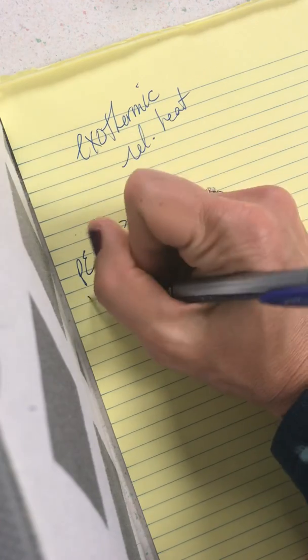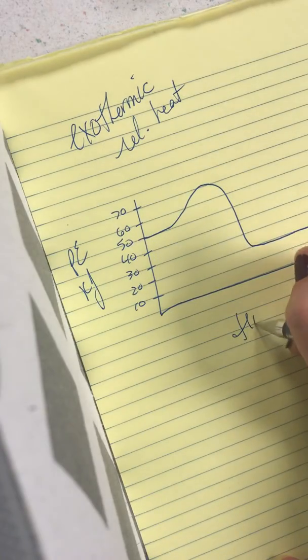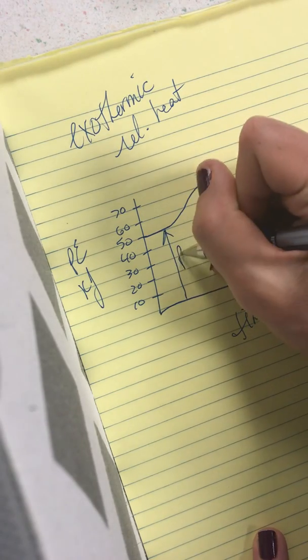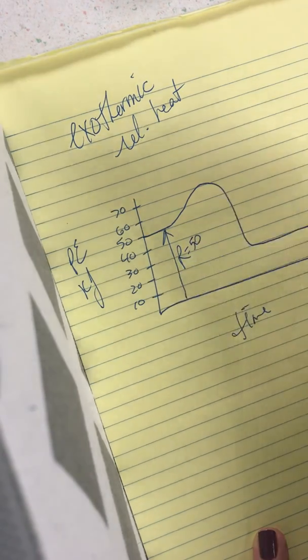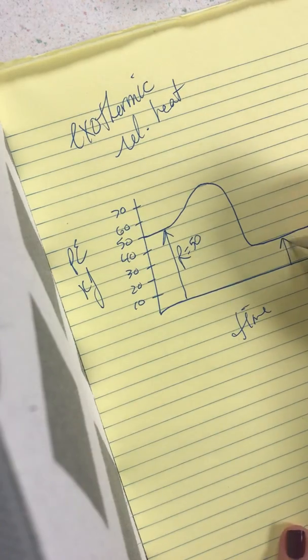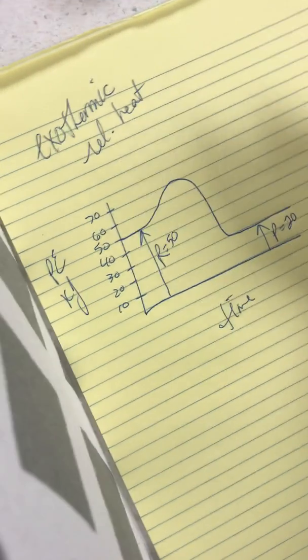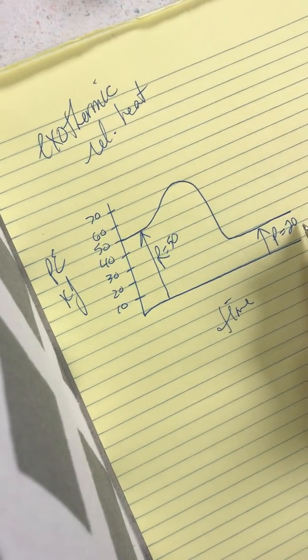This is my potential energy in kilojoules. This is over time. All right, where I start, this is my reactants. So my reactant energy is 50. Where I end, this is my products. My product energy is 20.